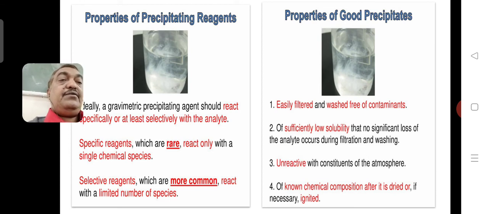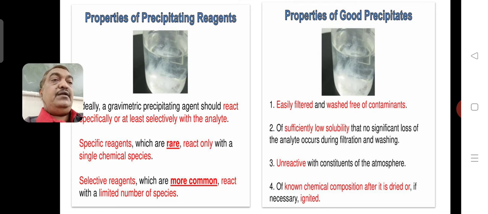So, an easily filterable and washable precipitate is good for the general method of analysis. Then they must be very specific in their action, and they should not produce any side reaction during their precipitation.